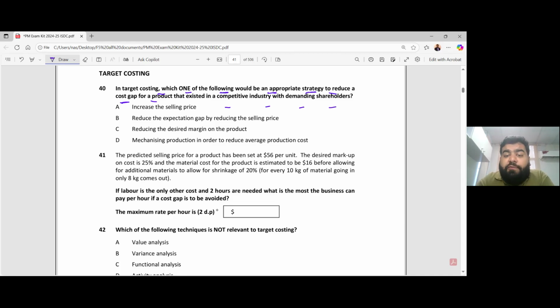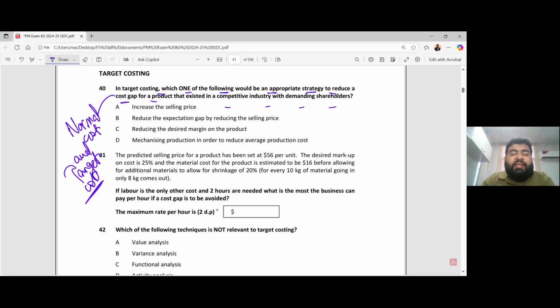We have to tell which is the good strategy to reduce the cost gap. What was the cost gap? The difference between the normal cost and the target cost.